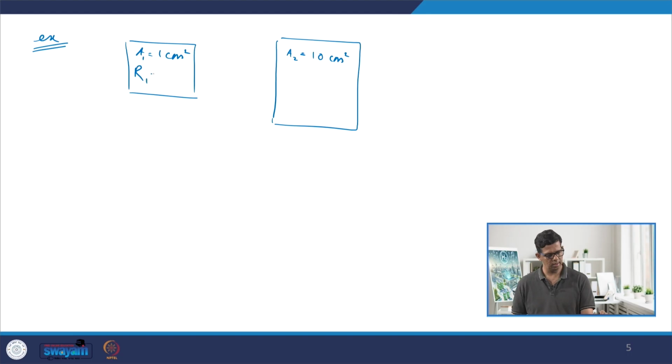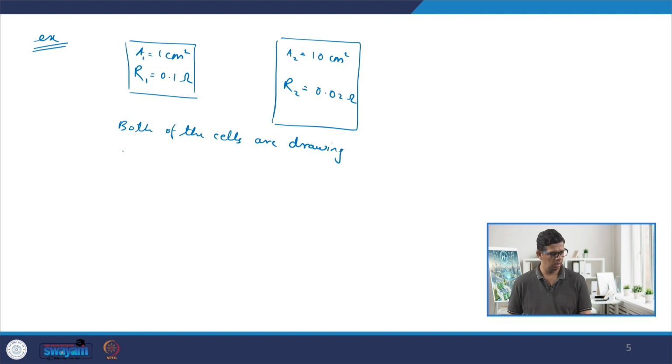The total resistance of the first cell is 0.1 ohm, and the total resistance of the second cell is around 0.02 ohm, and both of the cells are drawing current at the rate of a current density of 1 amp per centimeter square.